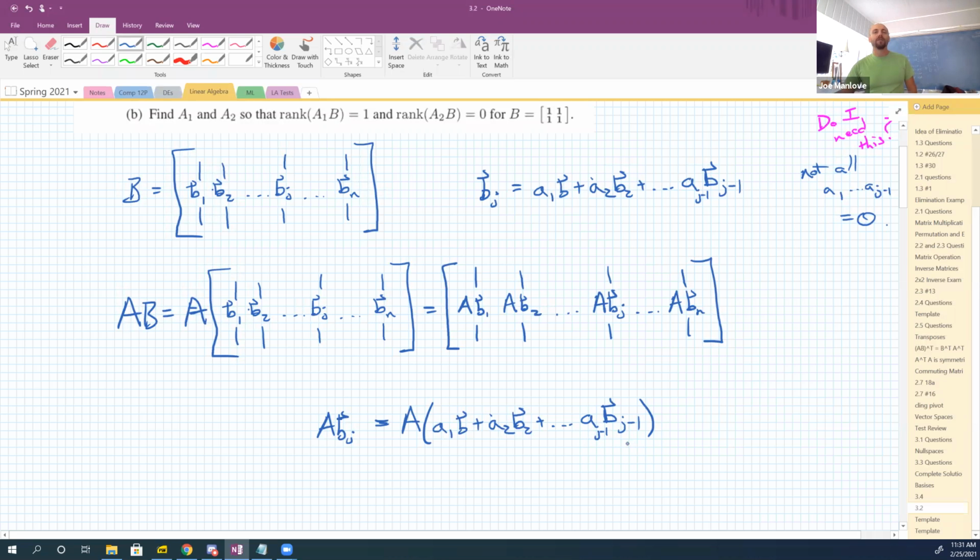And then I know that if I'm doing A to a sum with scalars, I can use some matrix rules, right? To say that this is A times b_1, plus A2 times b_2, and on, and a_{j-1} times A times b_{j-1}.